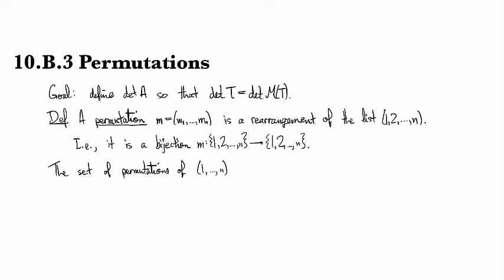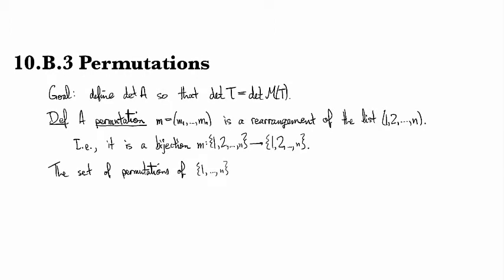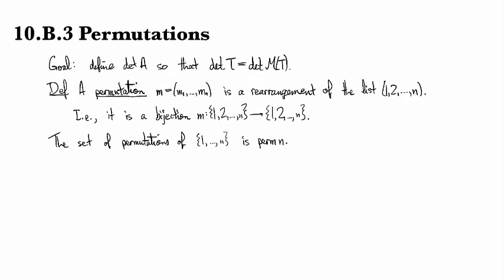So no, I was right before. The set of permutations of 1 through n. So that's the set. A given permutation would be written with round parentheses, but the set of things being permuted is not. So the set of permutations is denoted perm n. There's also other notations for it though.